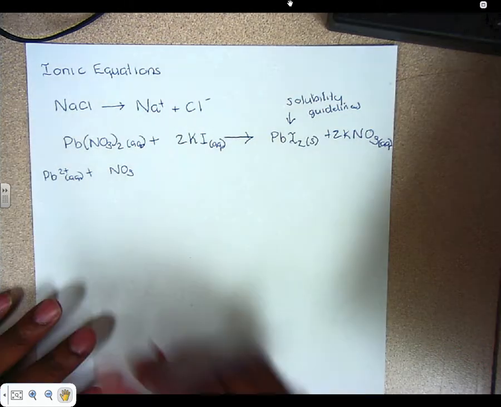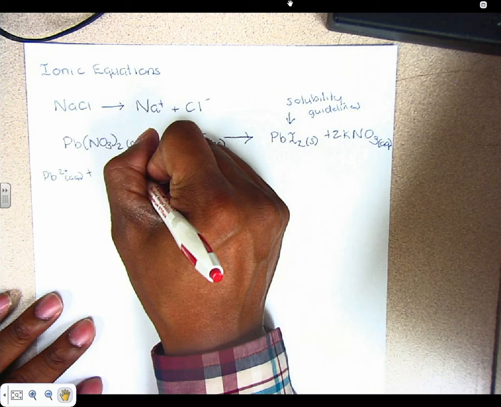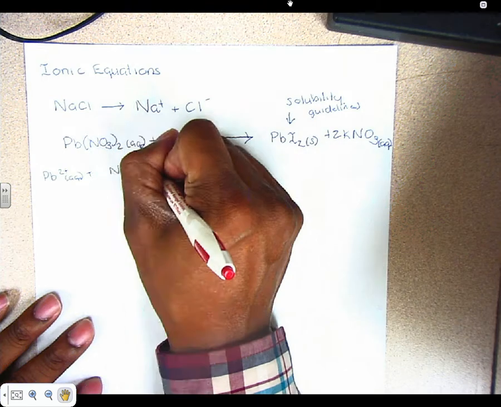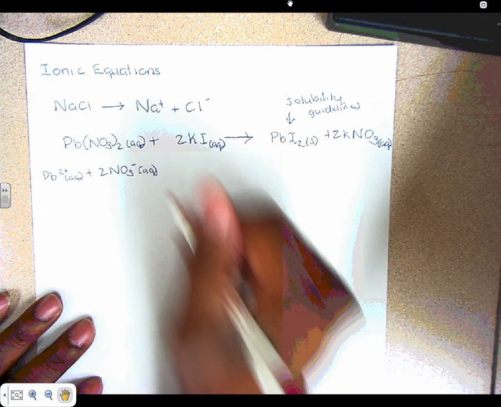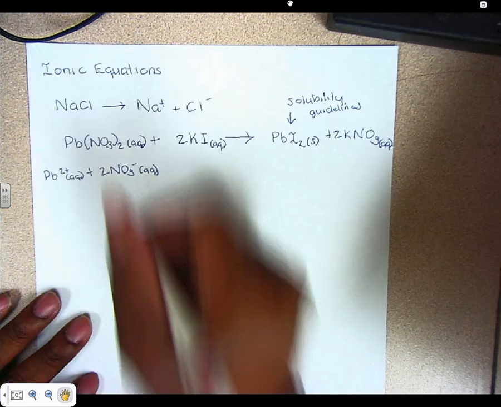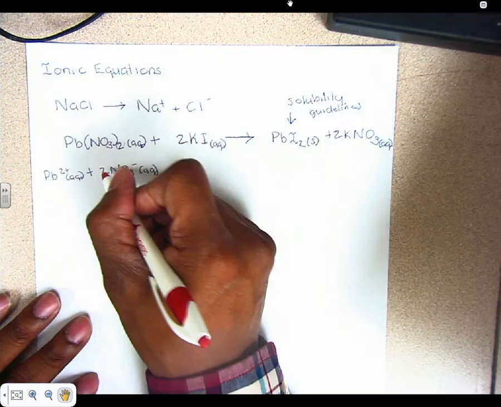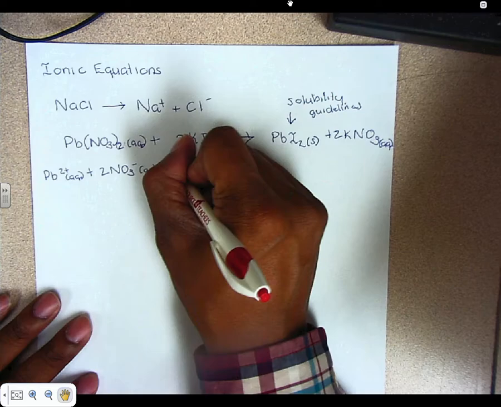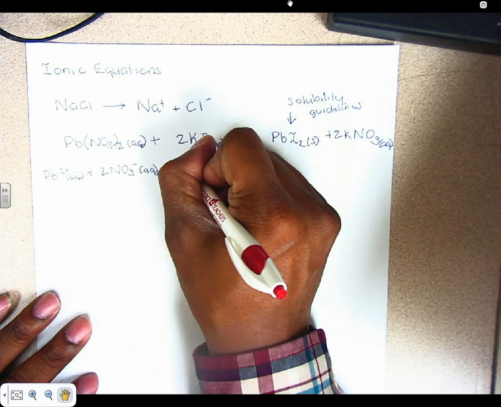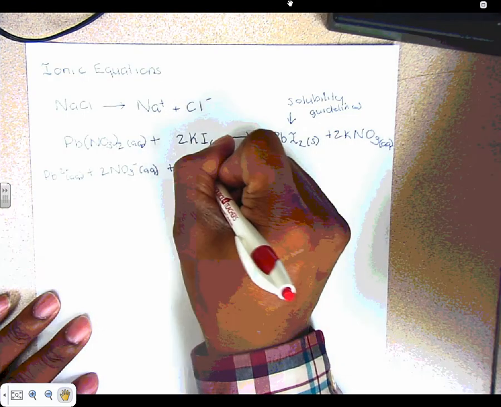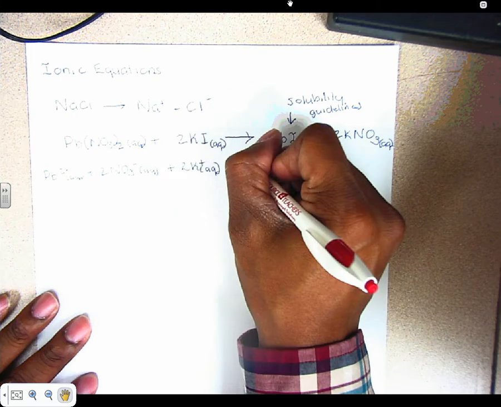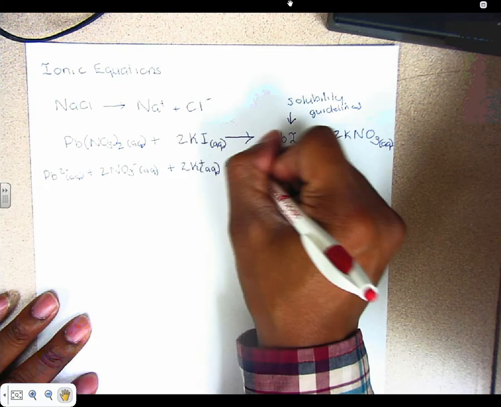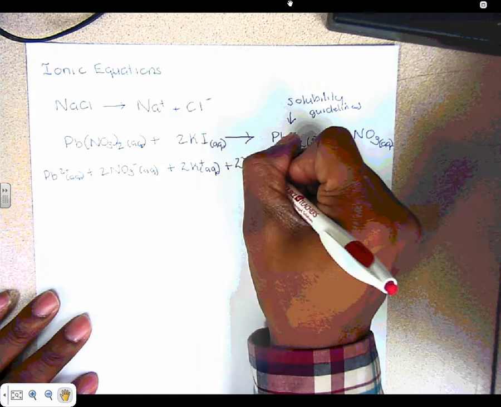Then you have your NO3 minus aqueous. Remember, there's 2 of those coming from this 2 here. That's where that 2 comes from. Plus 2 of the K's, plus iodide. There's 2 of those as well. That's aqueous.